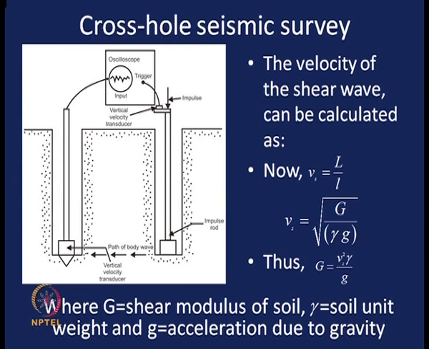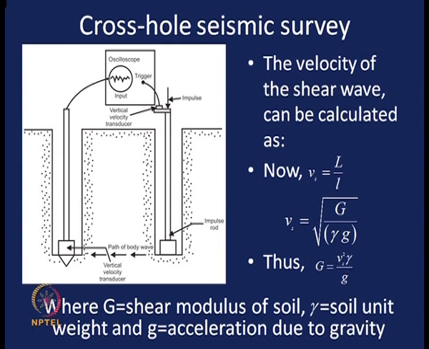By using the impulse rod, we create a vertical impulse here, and that generates the shear wave. In the other borehole, at a distance L from this point, we place a vertical velocity transducer which can measure or record this shear wave.